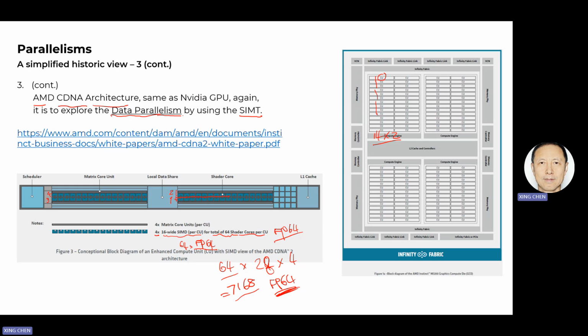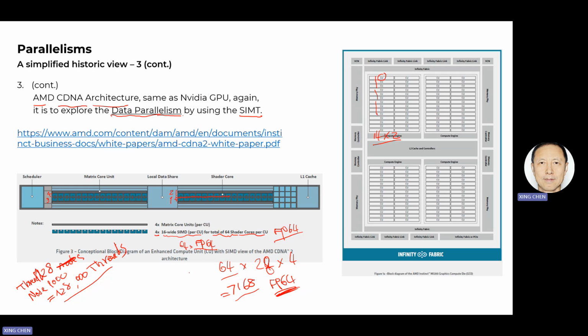If you have 128 cores per node and you have 1,000 nodes, the total quantity of threads you can have is 128,000 threads to explore the data parallelism for CPU computing.